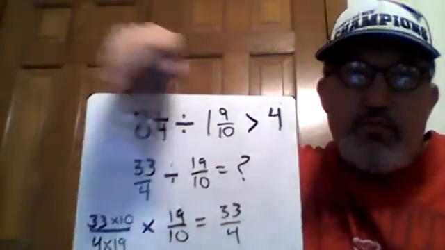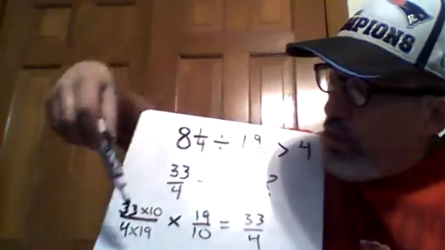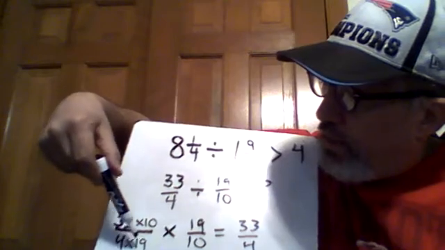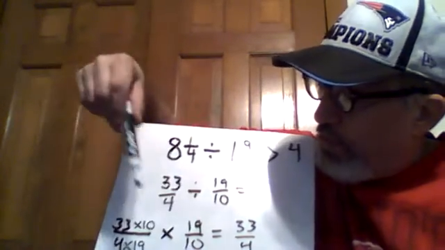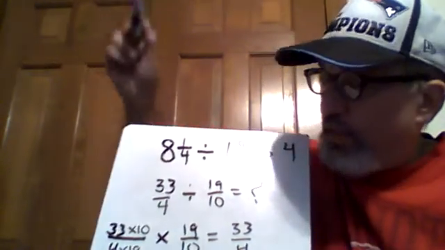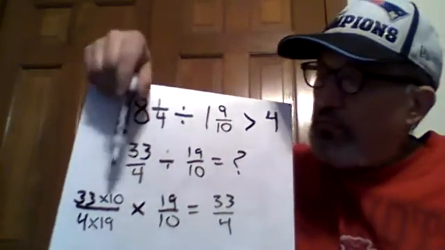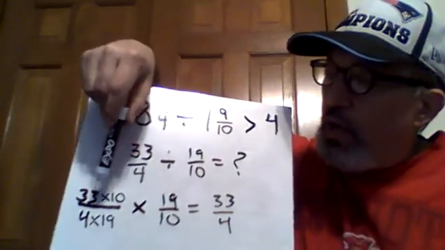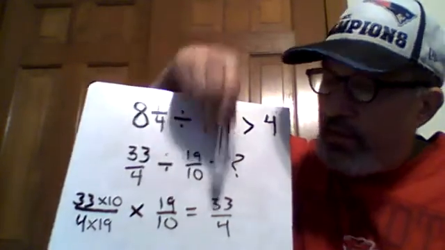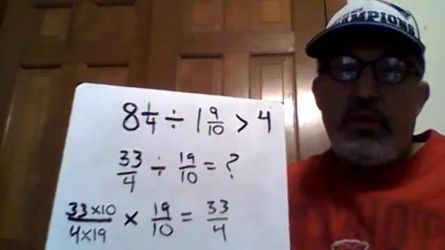So we can do that before we actually multiply them together. This 19 will cancel this 19. This 10 will cancel that 10. And all we'll be left with is the 33/4. This fraction works. When you multiply it by 19/10, you get 33/4.